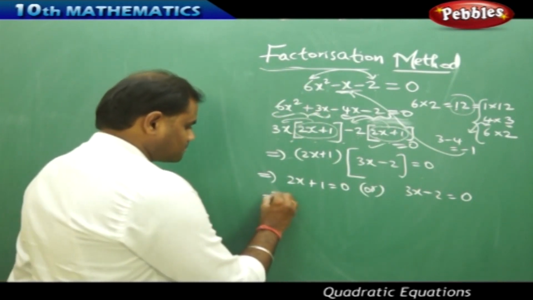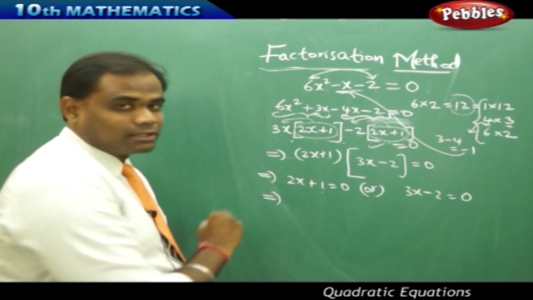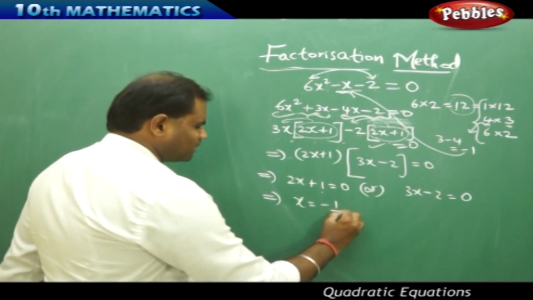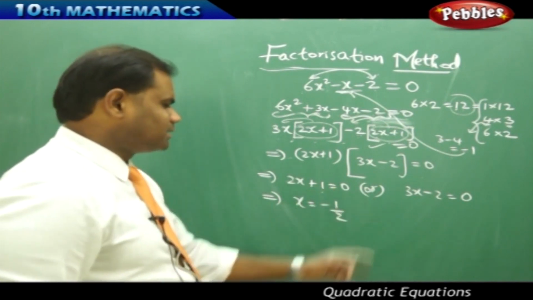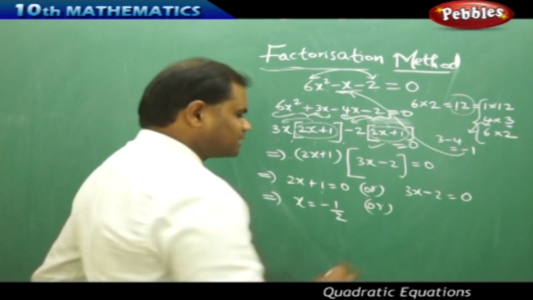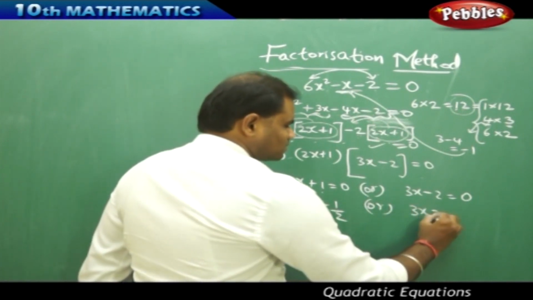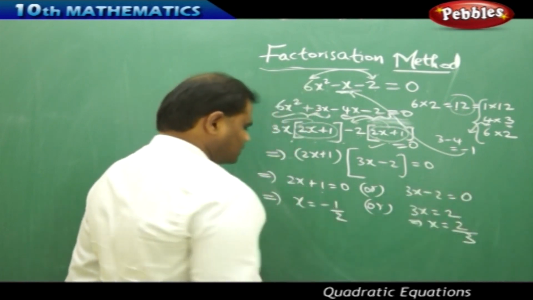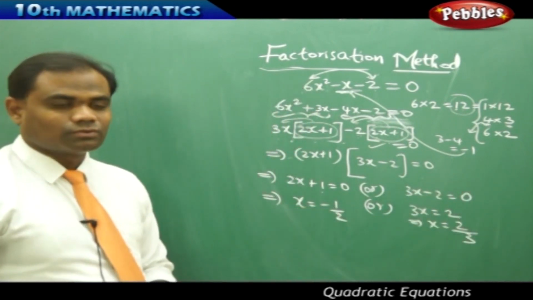Next, when 2x plus 1 equal to 0, then what is the value of x? It's clearly minus 1 over 2. And then when 3x minus 2 equal to 0, then clearly I get 3x equal to 2. That implies x is 2 over 3 and x is minus 1 over 2.